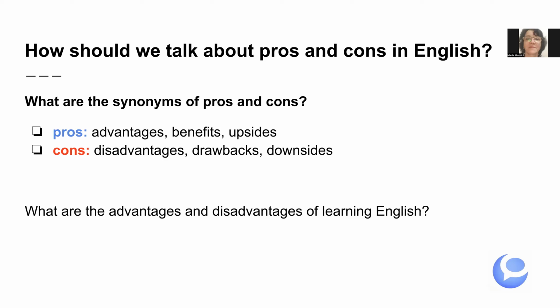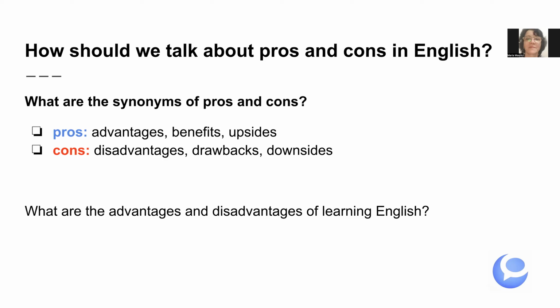I would not say, what are the pros and the drawbacks of, it sounds strange. We would say, the pros and the cons of, the advantages and the disadvantages of, the benefits and the drawbacks of, the upsides and the downsides of.